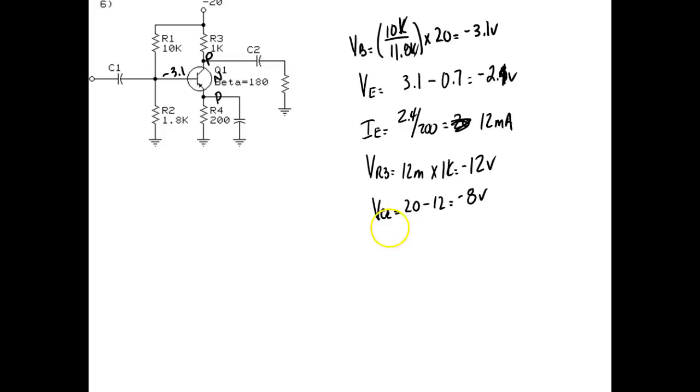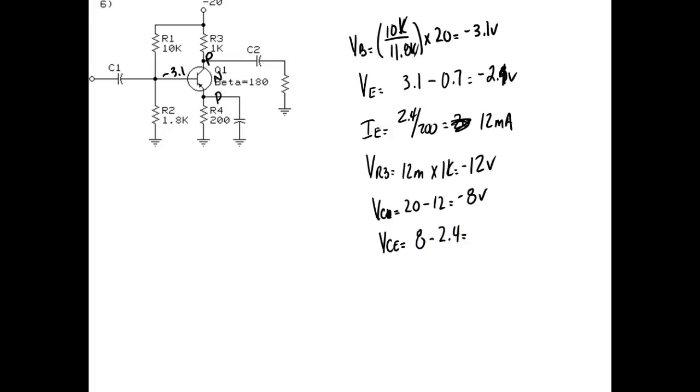Okay, so now I can calculate voltage collector to emitter, VCE, which would be equal to the voltage on the collector, 8, minus the voltage on the emitter, 2.4.